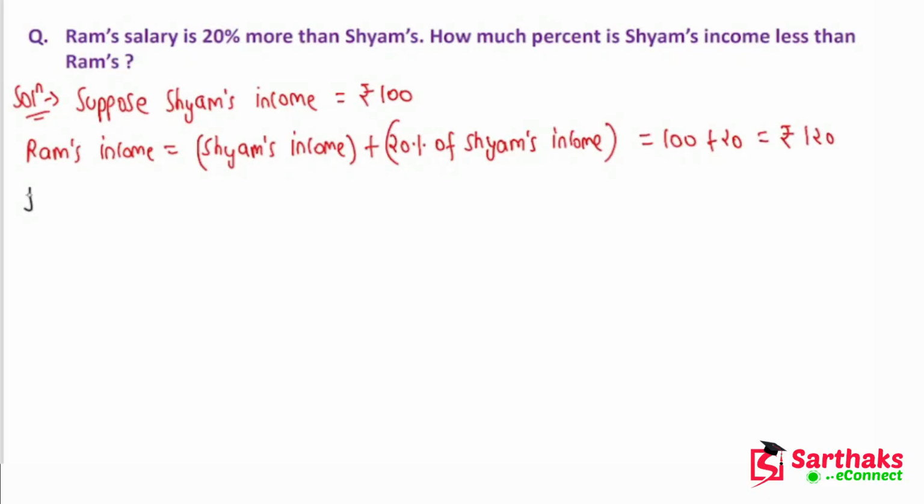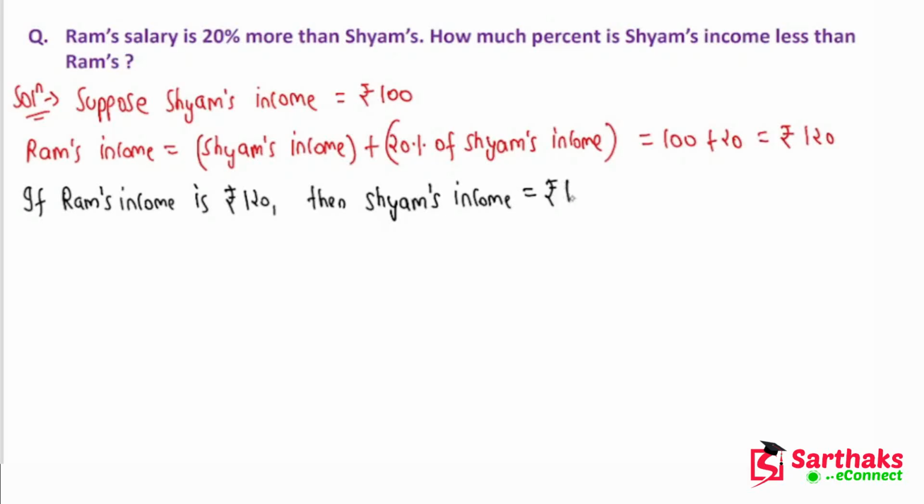So you can see, if Ram's income is rupees 120, then Sham's income is rupees 100. That is true. Okay, so if Ram's income is 120, Sham's income is 100 rupees.